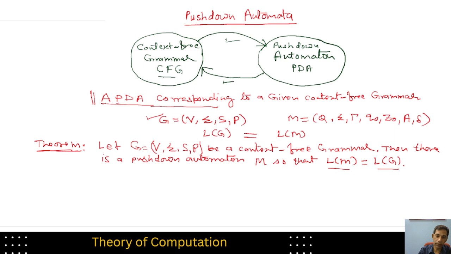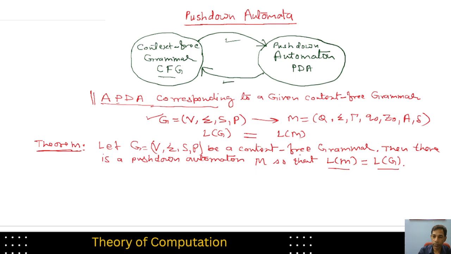We know that the grammar G has the 4-tuple V, Sigma, S, P, and from this given context-free grammar we are going to obtain the PDA, M = (Q, Sigma, Tau, Q0, Z0, A, delta).